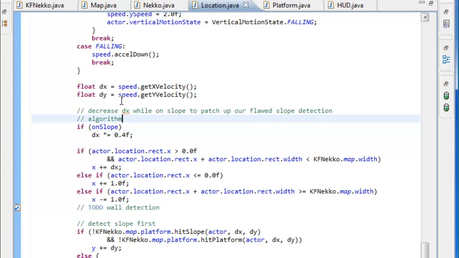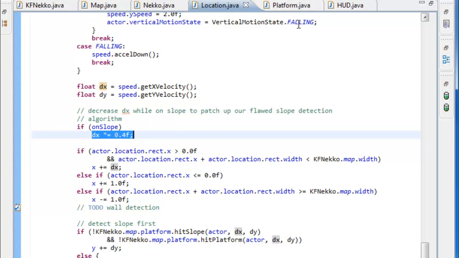So this is nothing but a patch, because our slope detection algorithm is flawed. It's stupid, but it works if we just do this.